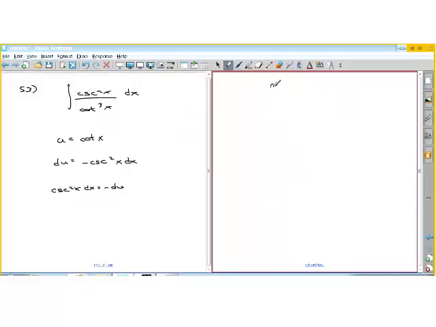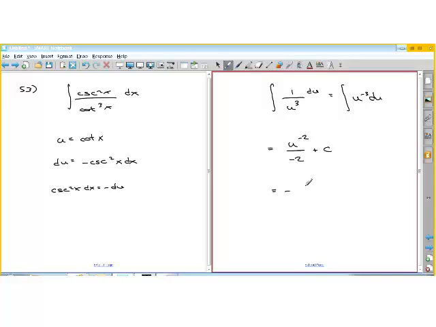So now we can make the substitution. So the numerator becomes du. And then we have 1 divided by the cotangent. Cotangent is u, so we have 1 over u cubed. So that's our expression, which we then rewrite as u to the -3 power du. We integrate by adding 1 to the exponent, dividing by the new exponent, and adding arbitrary constant c.